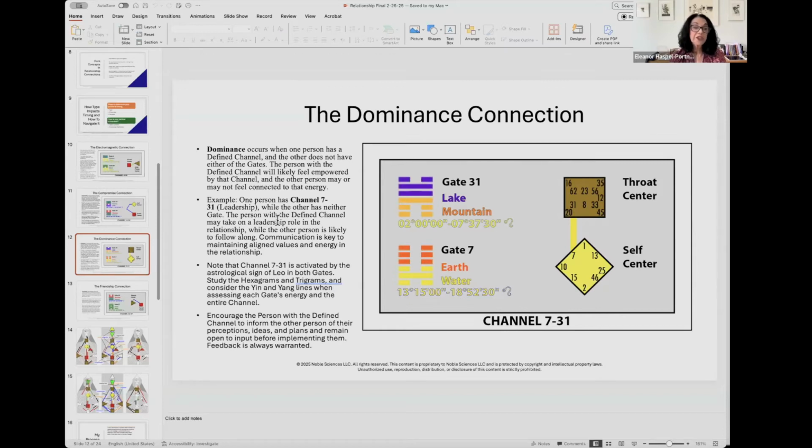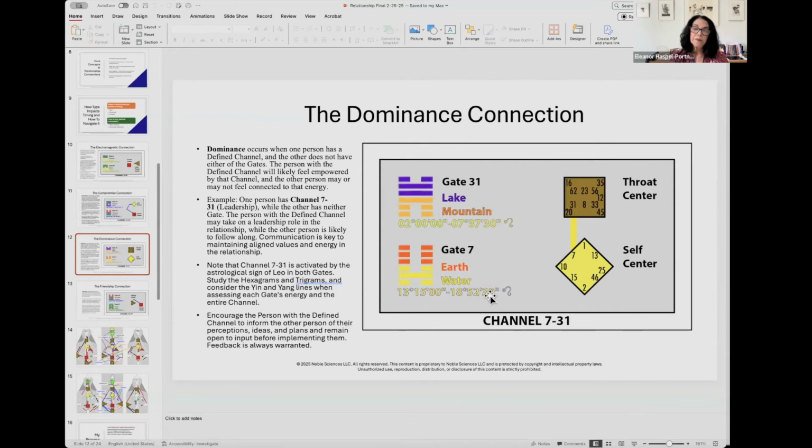We call it the channel of leadership. So if one person has the whole channel of leadership and the other person doesn't have any of it, the person without even a gate, 31 or 7, may feel bulldozed if the person with the 7-31 doesn't pay attention, doesn't communicate, doesn't listen.